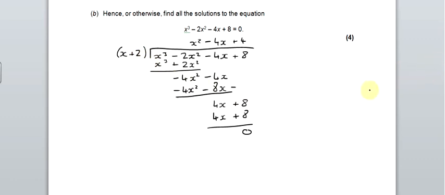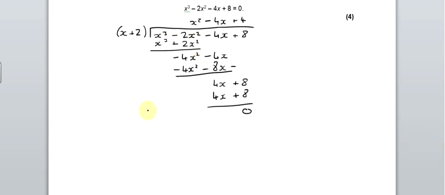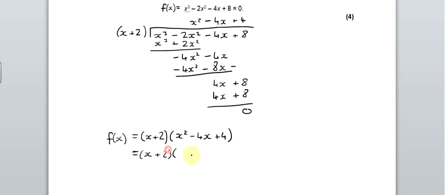Now this is telling us that our cubic up here, let's call it f of x for sake, is equal to x plus 2 times the quadratic we've just got, x squared minus 4x plus 4, and then we can factorise that quadratic.